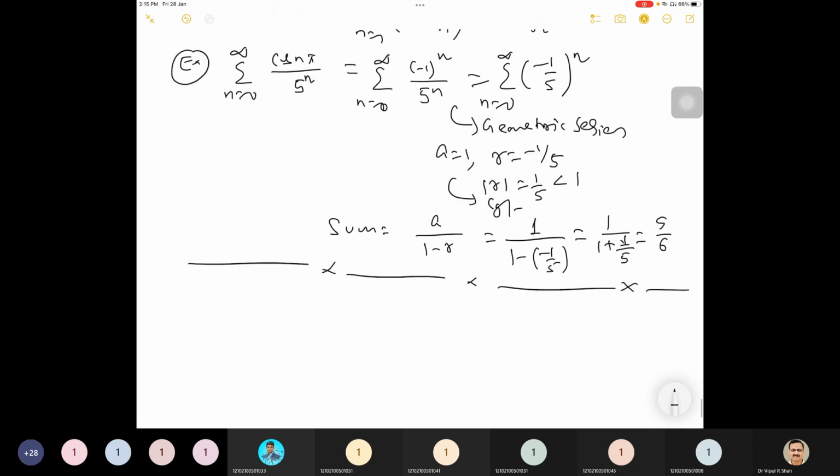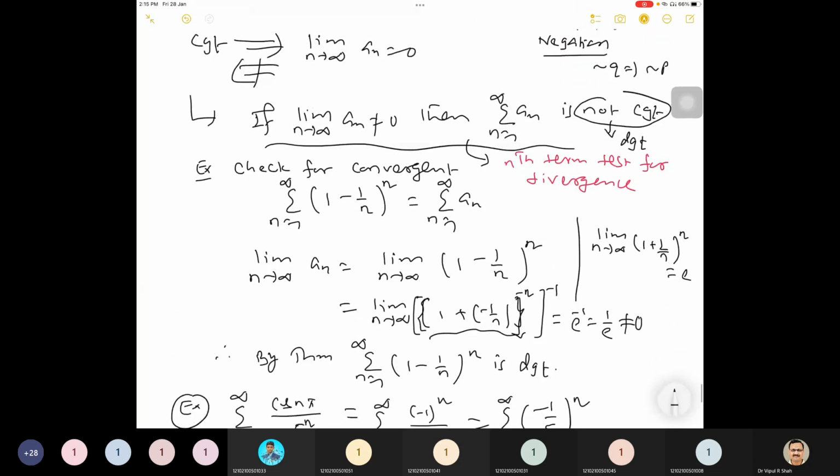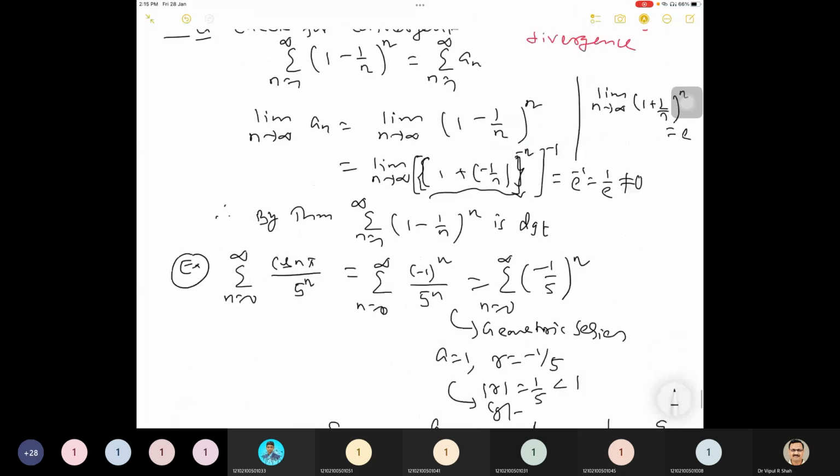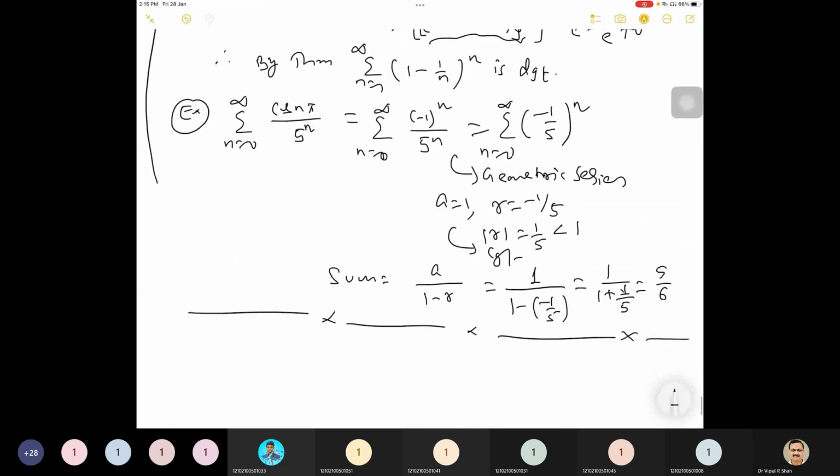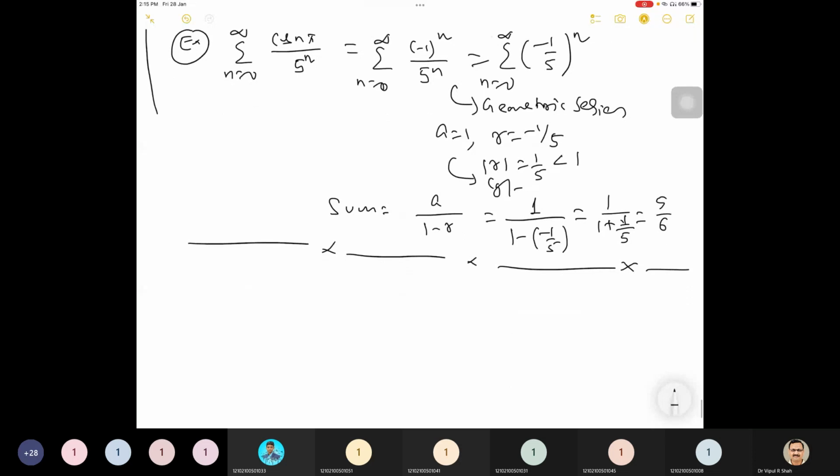Like this is also an example in this category. Series n equal to say 1 to infinity log of n upon 2n plus 1.